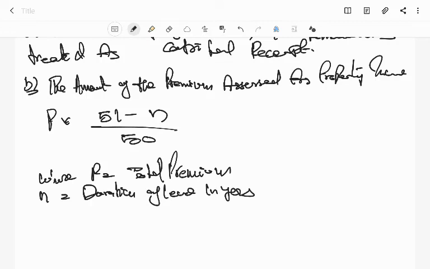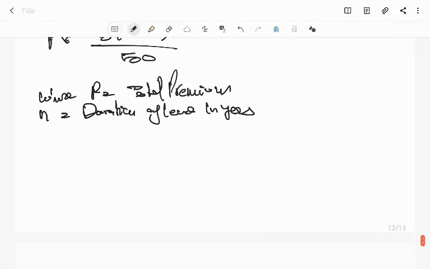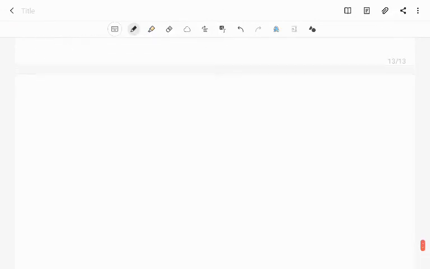Alternatively, the assessable premium may be computed as the full premium received less 2% of the premium for each complete year of the lease, less 1 year.